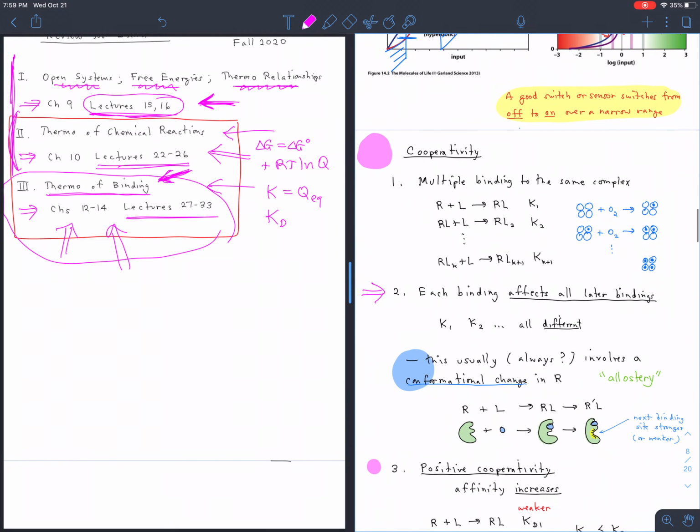And so, suppose you have a situation where you've got multiple subunits, and therefore you can have multiple bindings. We used hemoglobin for most of our examples, where you've got 4 subunits and therefore 4 possible bindings.